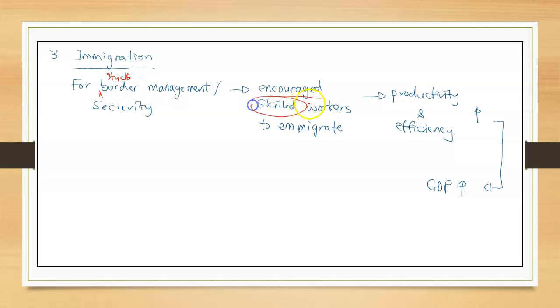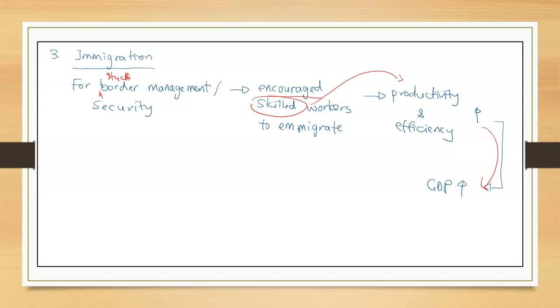Having skilled workers coming in, of course, our productivity level will increase, our efficiency level will increase as well, and that will increase the level of GDP. And this one, when we look at it, Australia needs skilled workers in certain industries. For example, in the medical field, we do need skillful and professional labor from other countries, and we need skilled labor in the mining industry as well.